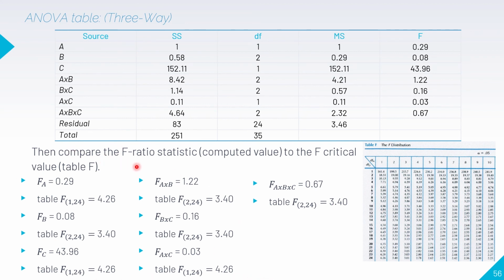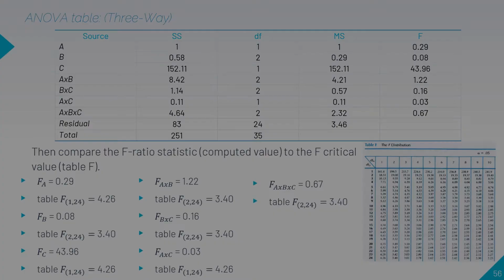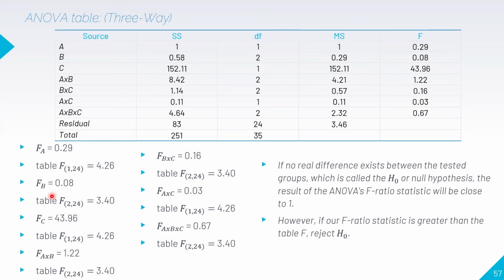So let's compare the F ratio statistic, or the computed value, to the value of our table F. FA now is 0.29. So let's put the values of our F ratios to compare them. As you've noticed, our FA is less than its table F, same as our FB.